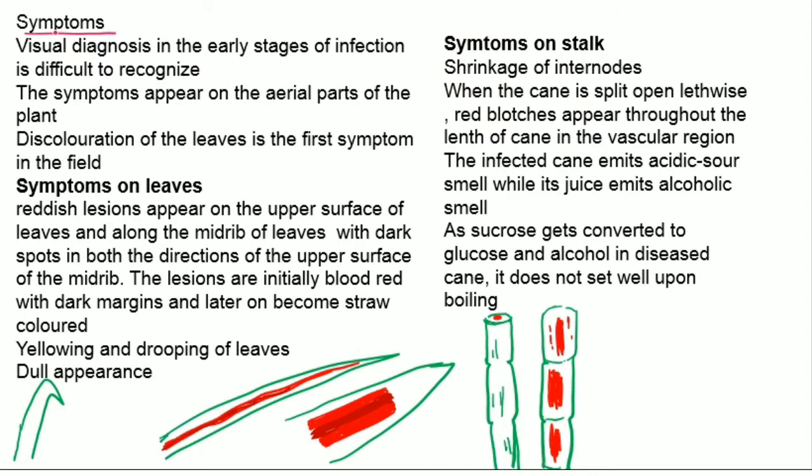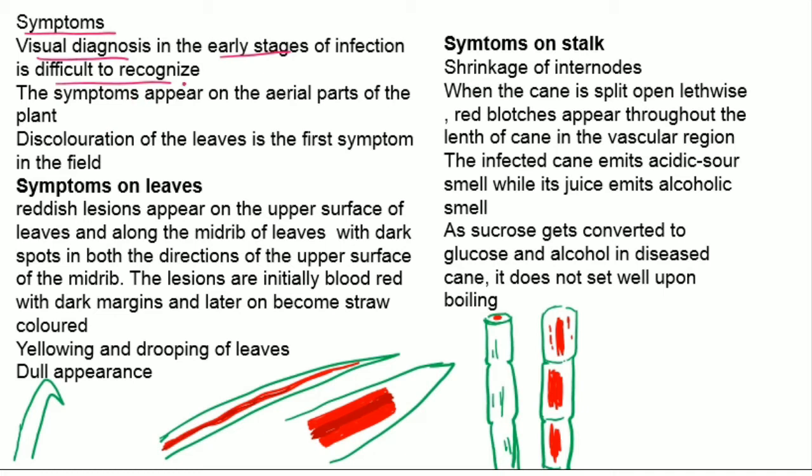There are certain specific symptoms that occur because of this fungi. So what are those symptoms? Basically it has been found that initially the visual diagnosis at the early stages of infection is difficult. The reason is that the fungi, after it enters a plant, first attacks the stem, and that too the internal portions of the stem, mainly the vascular portion, the xylem and the phloem, and it grows and spreads inside the stem, and external symptoms do not appear.